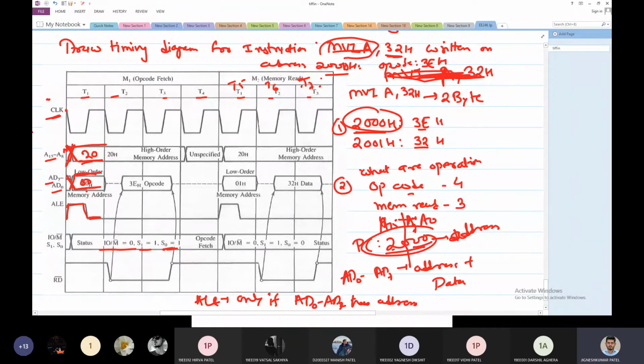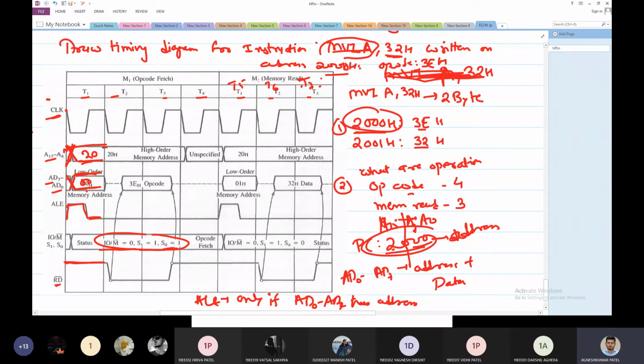Along with that there is the signal RD bar, which is right now not sent. See, it is high but not sent. So it will send these three bits of data, which specify that right now the opcode fetch cycle is going on in my 8085.